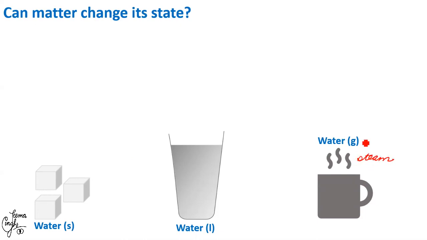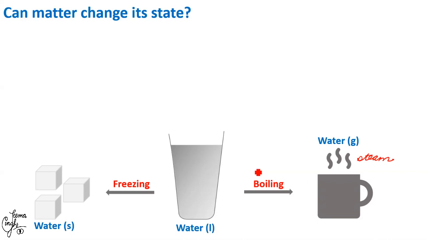Dear learners, there actually is a difference between gas and vapors, but most of the times these terms are used interchangeably, and so for your class level, we too will be using these two words interchangeably. Now, to obtain ice from water, we freeze water in a refrigerator, and for obtaining steam, we boil water.